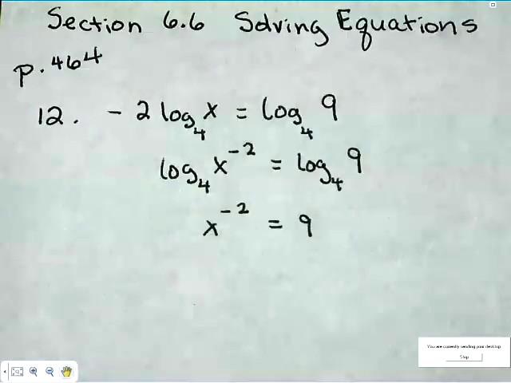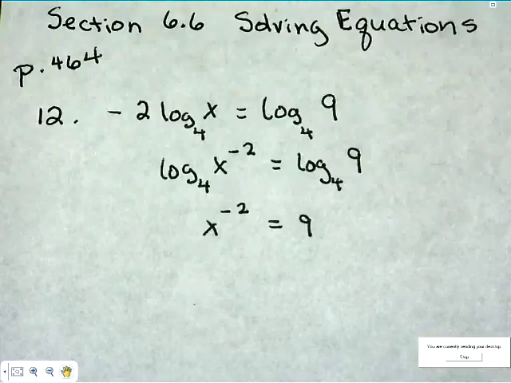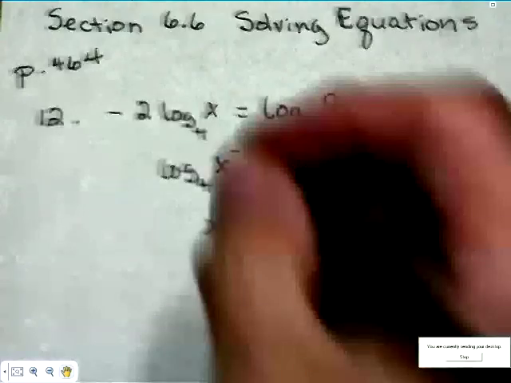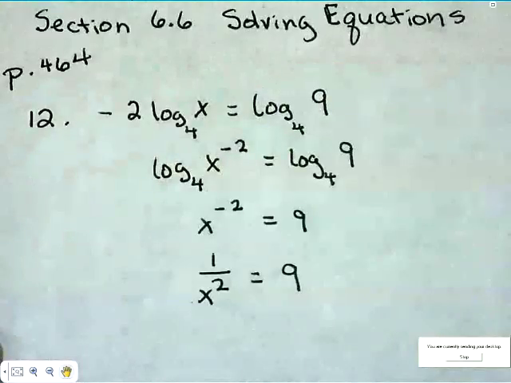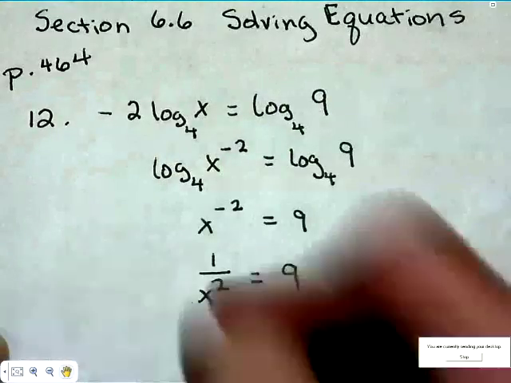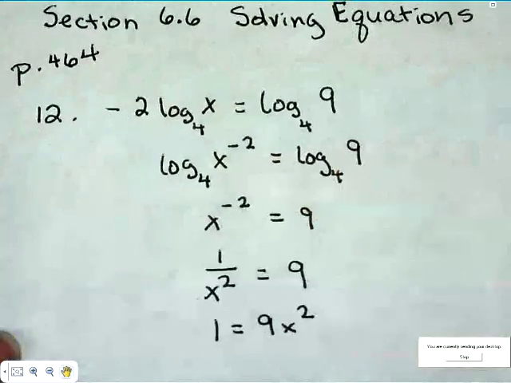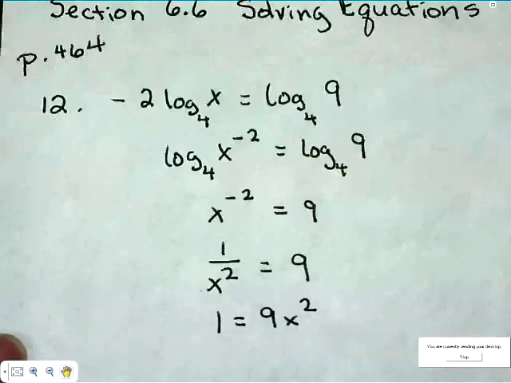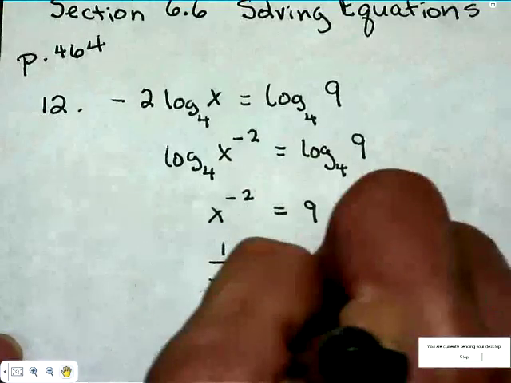And then what did somebody else say? That's a different way to do it, and that's fine too. That negative exponent means that the x squared is in the denominator. And then if you clear out fractions, you have 1 equals 9x squared. Divide by 9, and then do what Caleb said.